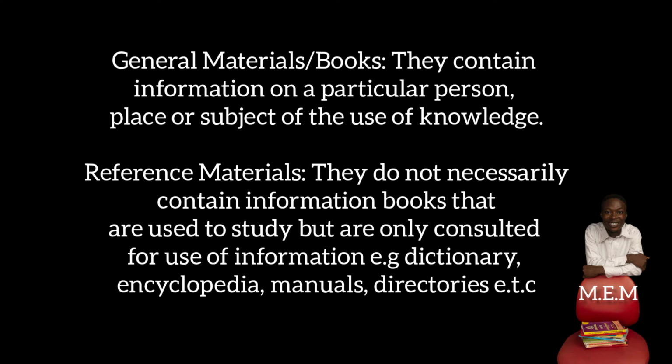The reference materials, on the other hand, are materials like the dictionary, manuals, directories, and encyclopedia. They are not like ordinary books, but they are used to get basic information, or to guide us in reaching a particular piece of information about something. So that is on general and reference material.